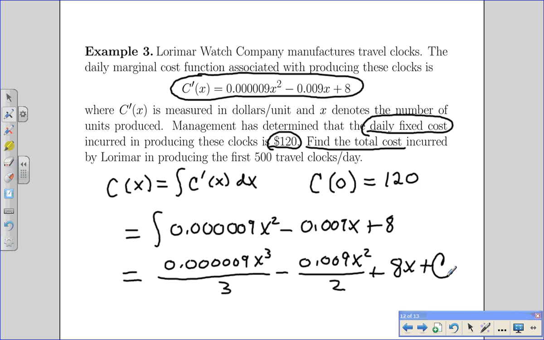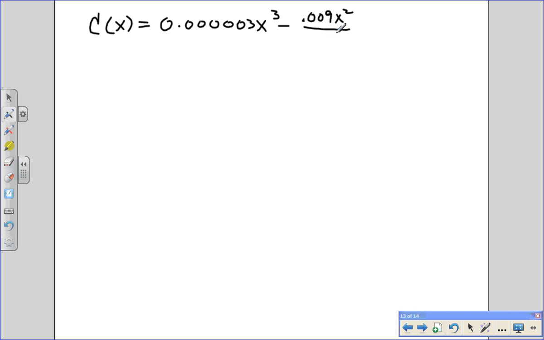So I'm going to rewrite that cost function at the top of the next page here, and I'm going to simplify it a little bit. 0.00003x cubed minus 0.009x squared over 2 plus 8x plus c.